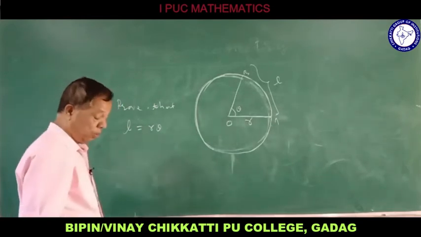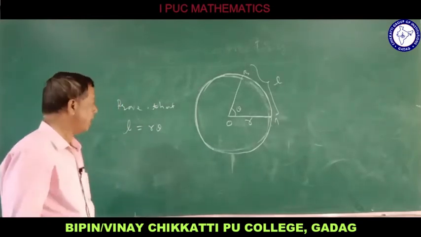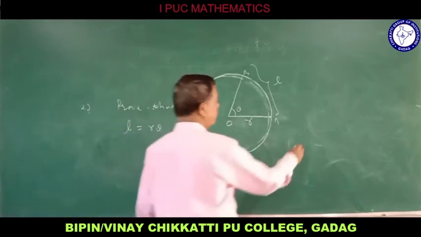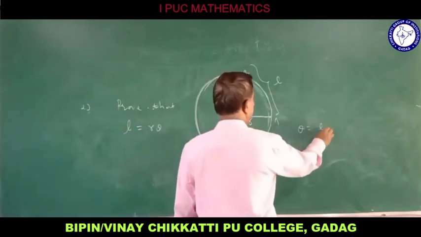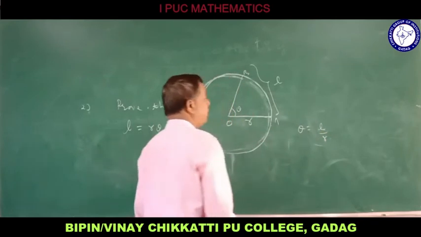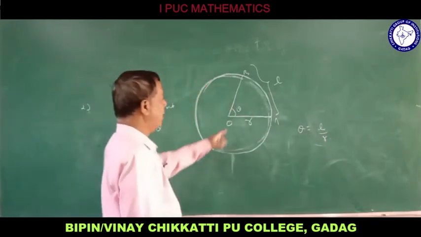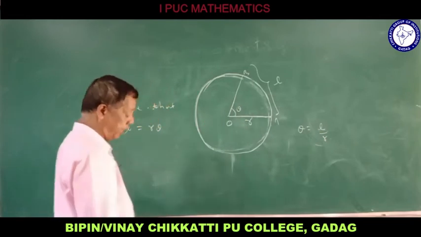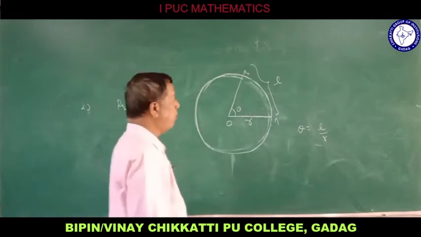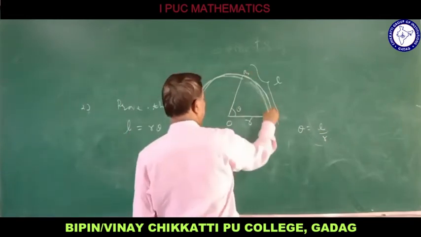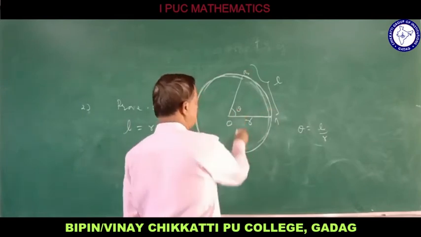Here you can understand that theta is nothing but the ratio of the arc length to its radius. Theta is this angle, the radian angle. It is the ratio of the arc which subtends the angle at the center to its radius.